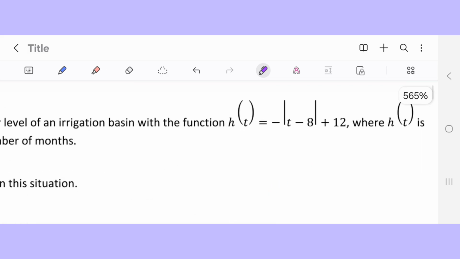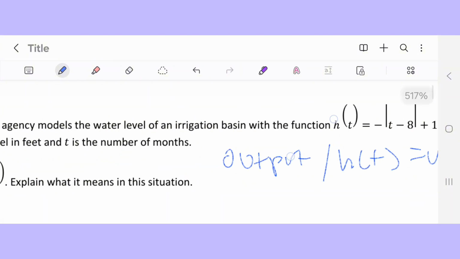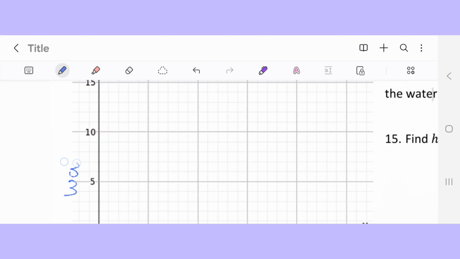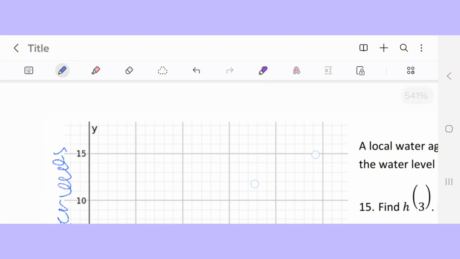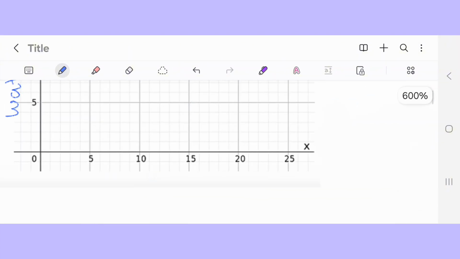So we already know that our output, aka h of t, is going to be equal to the water levels. We can write this down on our little graph: this is water levels, and our input t is the number of months. So I'm just going to write that down here, number of months.